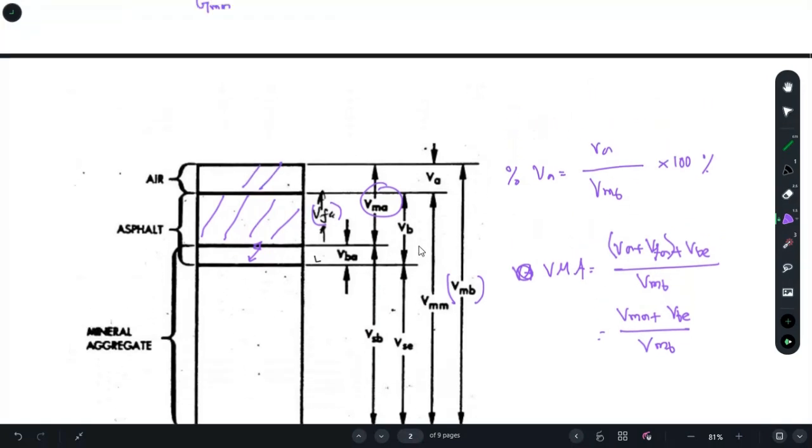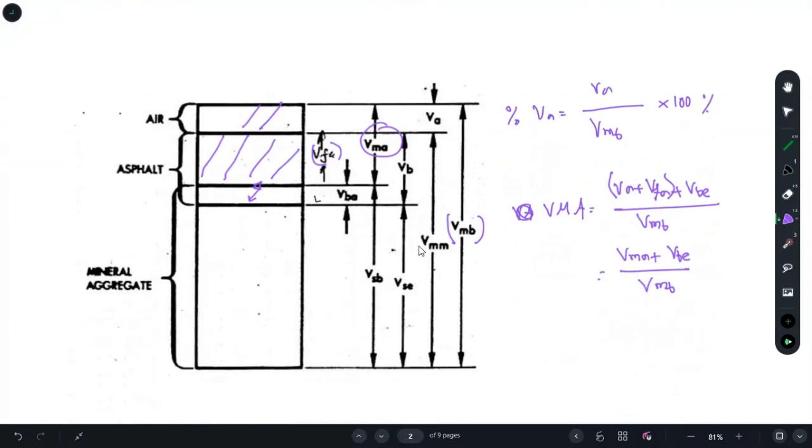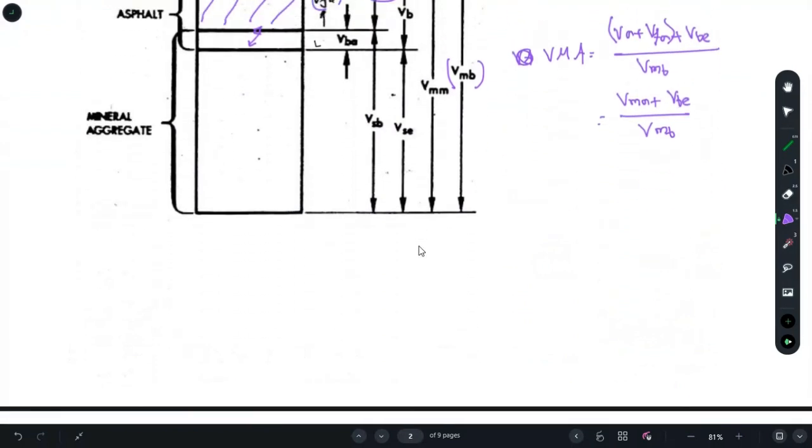So we have a formula to find this. To find out VMA, we have a formula of 100 minus GMB over GSB times PS.